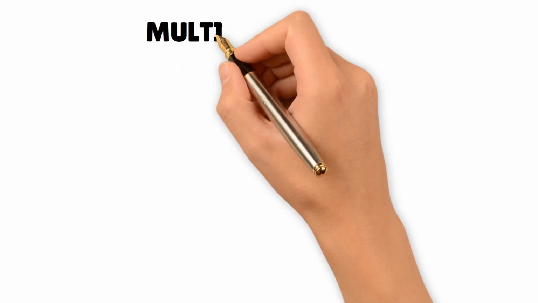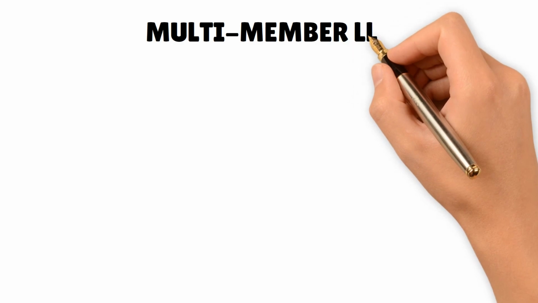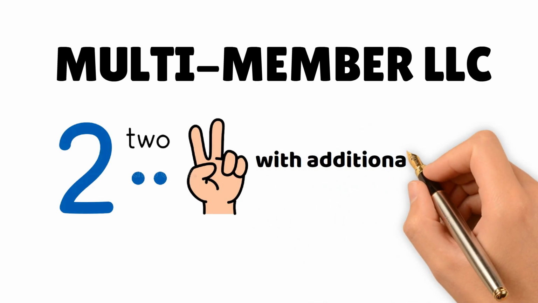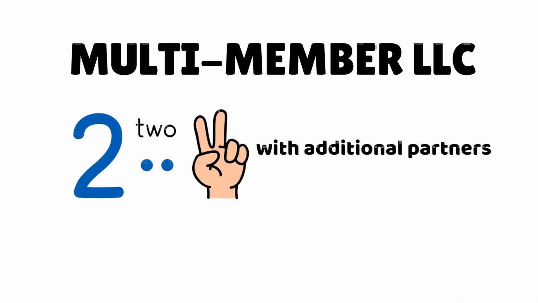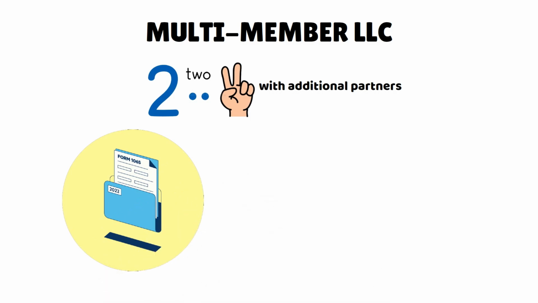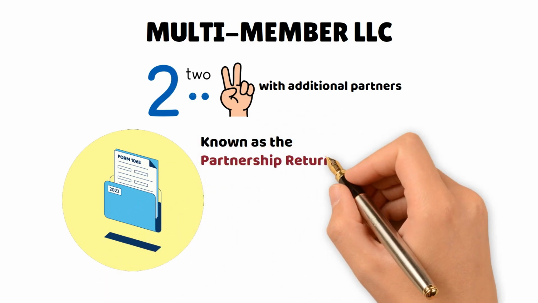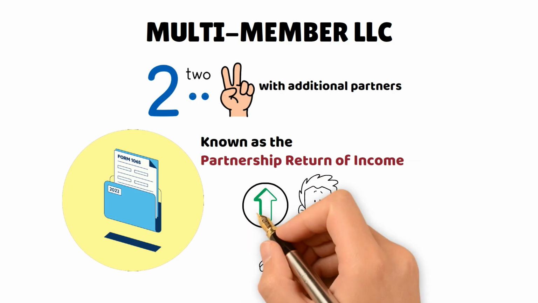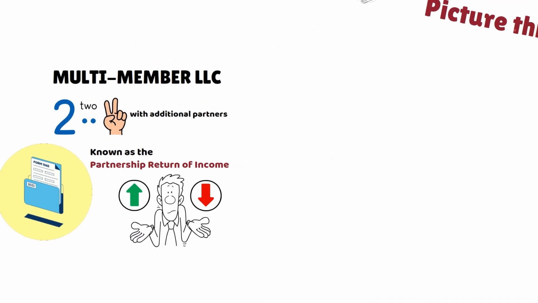Now, let's delve into Schedule C specifics shortly. Before that, let's shift our focus to the multi-member LLC scenario. In the case of a multi-member LLC involving at least 2 LLC members with additional partners, your tax filing involves US Form 1065, known as the Partnership Return of Income. This form facilitates the clear allocation of income and losses among the partners.